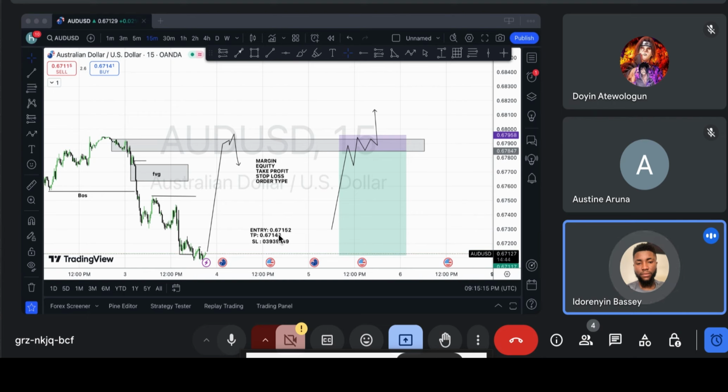The third one is that setting a stop loss is important for emotion control and protecting trading capital. It helps in controlling your emotions.